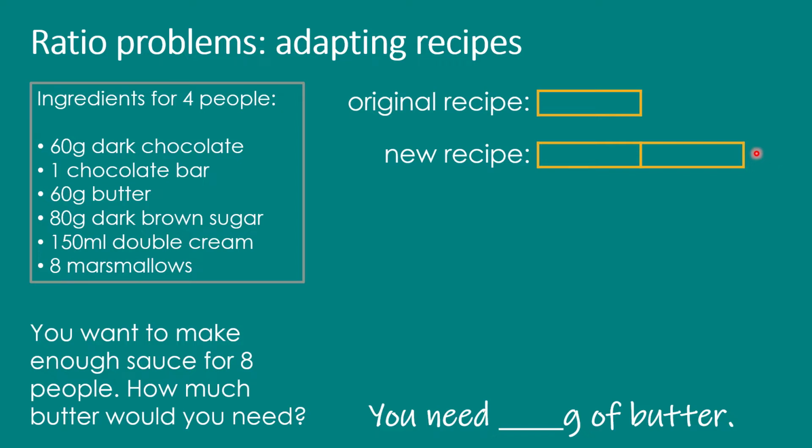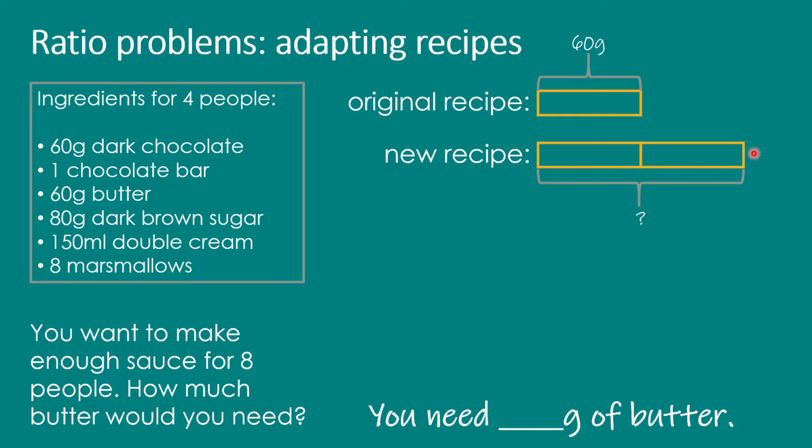So let's put in our question mark because we're looking for how much butter we need in the new version, in the new recipe, for 8 people. Now we're looking at butter. We're comparing butter. So the amount of butter in the original recipe, what would we do with that? It goes there. So 60 grams of butter are used in the original recipe.